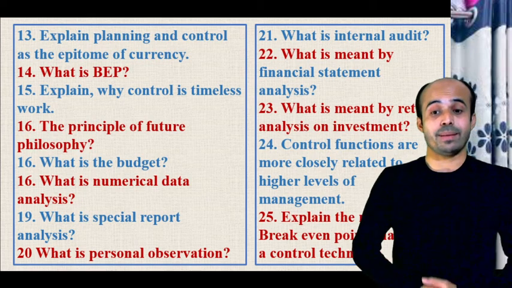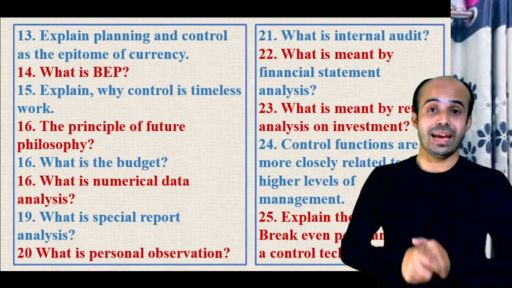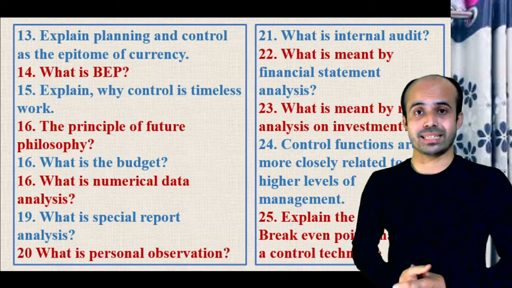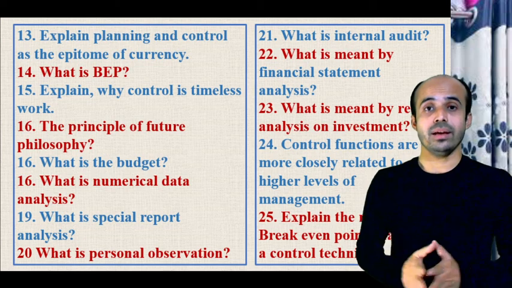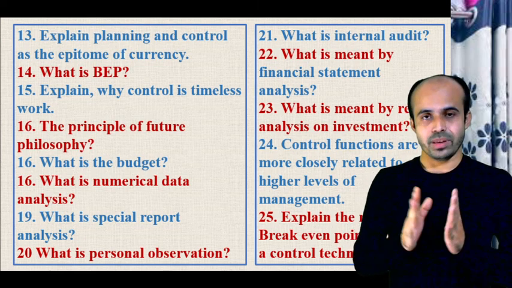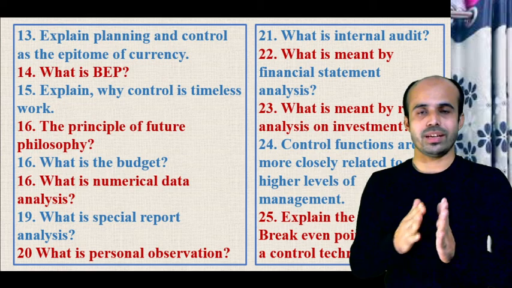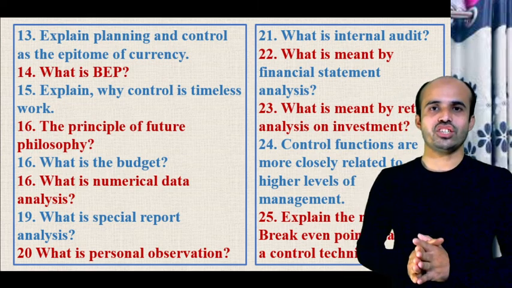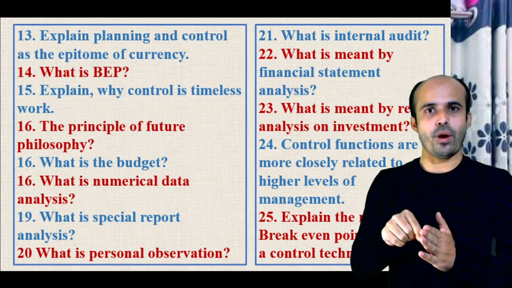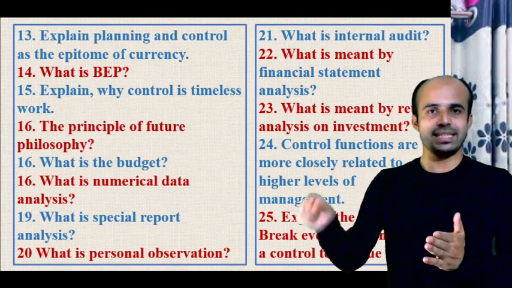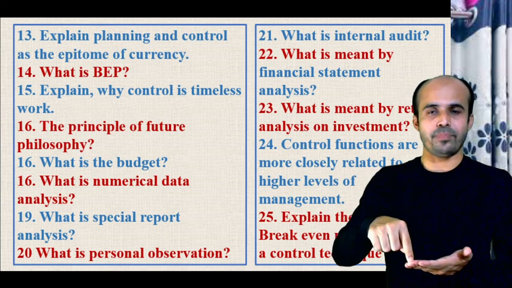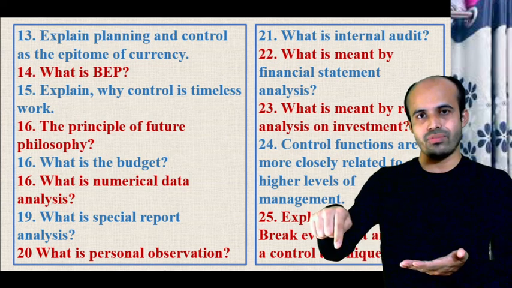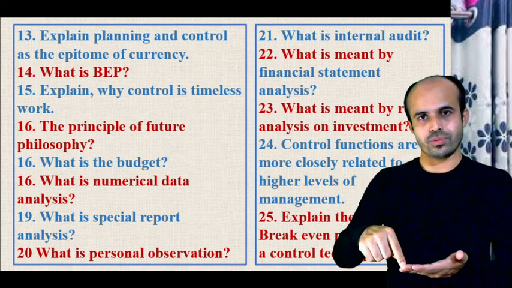Now coming to the next question: explain the method of break-even point analysis as a controlling technique. As we discussed earlier, the break-even point is a point where income and expense are equal, so there is no loss and no profit. When an organization considers this point as its controlling point, it means they have identified their neutral point. If I want to make a profit, then I have to go above it.